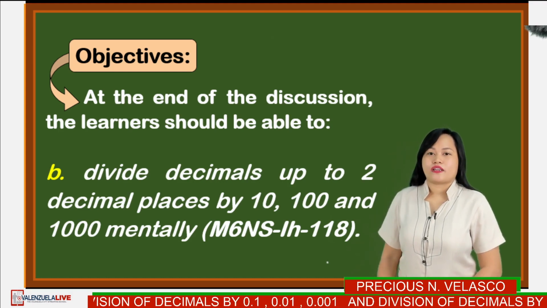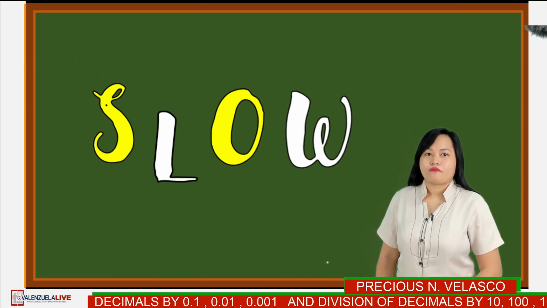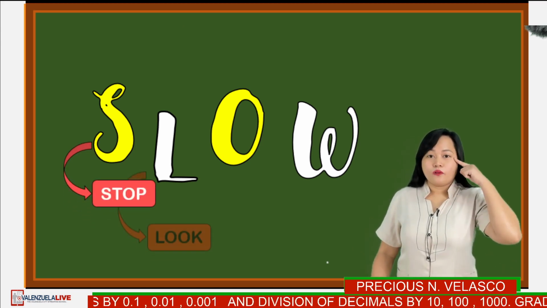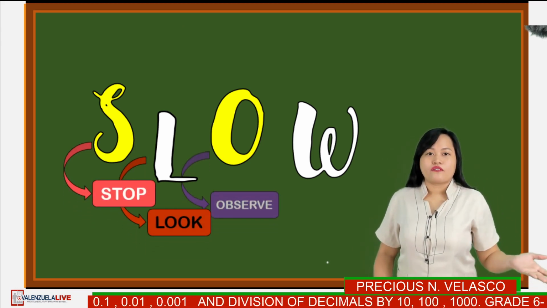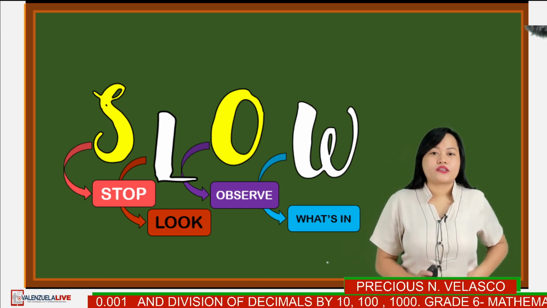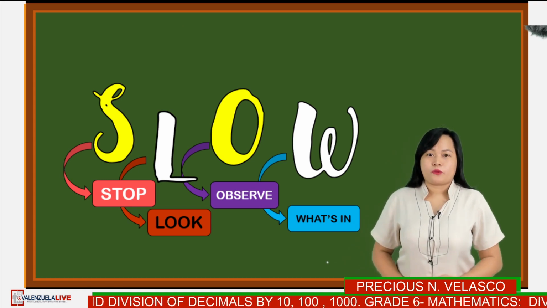Let's have an activity, and this activity is what we call the SLOW. SLOW stands for stop, look, and observe. What you're going to do is observe the quotients of the equations that I'm going to show you.